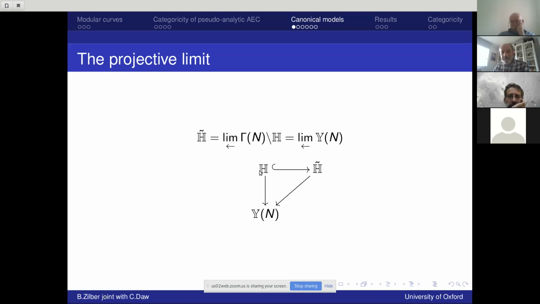And this obviously sits inside. So instead of going straight down here, you can actually find this H inside H tilde and then use the map down. Just by following this definition, right?